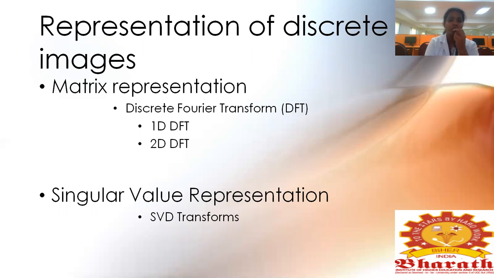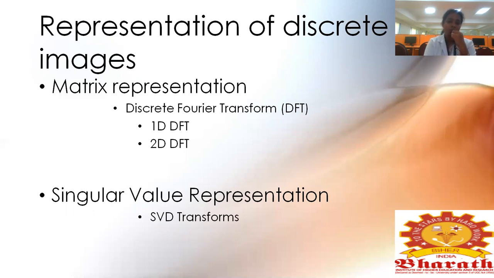But in some cases there comes a necessity to represent an image either in a matrix form or in a singular value form, right? To represent an image in a matrix representation, we make use of the discrete Fourier transform. We are about to see today what the discrete Fourier transform is and what its types are.